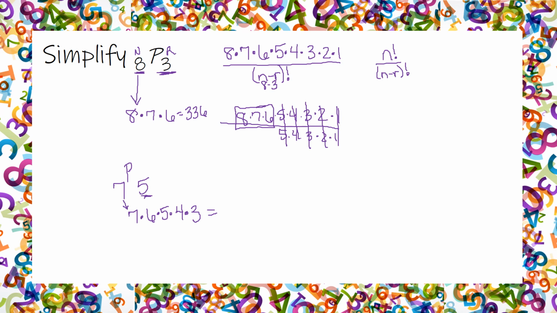So 7 times 6 times 5 times 4 times 3 would give me 2,520. You could do that with any of them. Always start with your number on the left, the N, and count down however many positions are in the right or the R position.